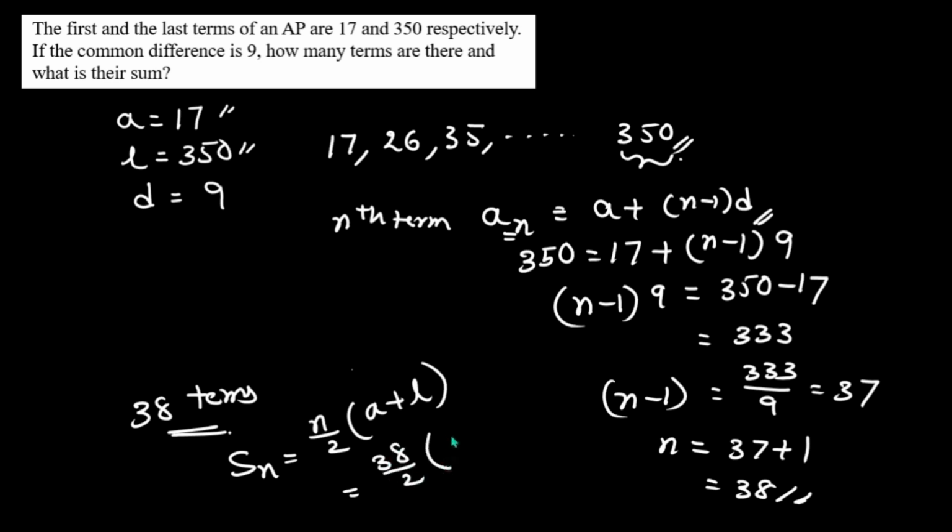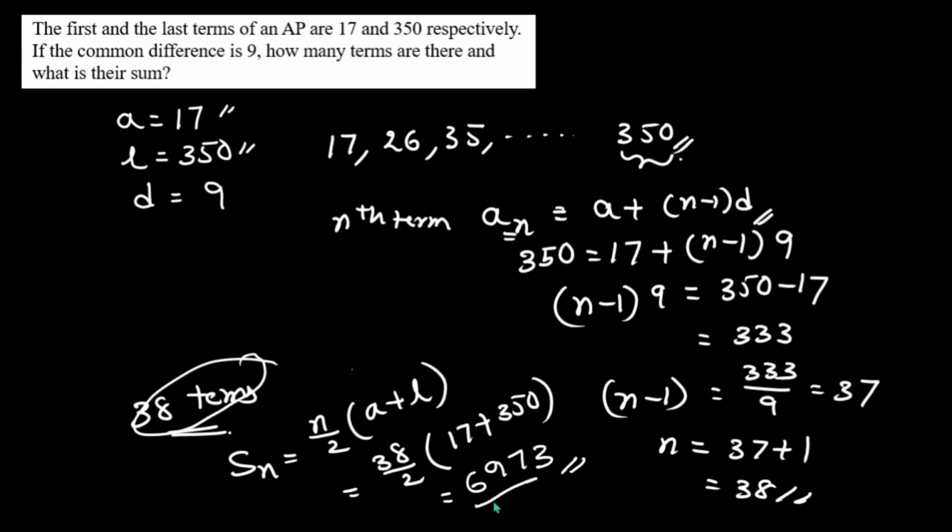What is the first term here? 17. The last term here is 350. If we simplify this, we will get 6973. Now we know that it has 38 terms and the sum of the 38 terms is 6973.